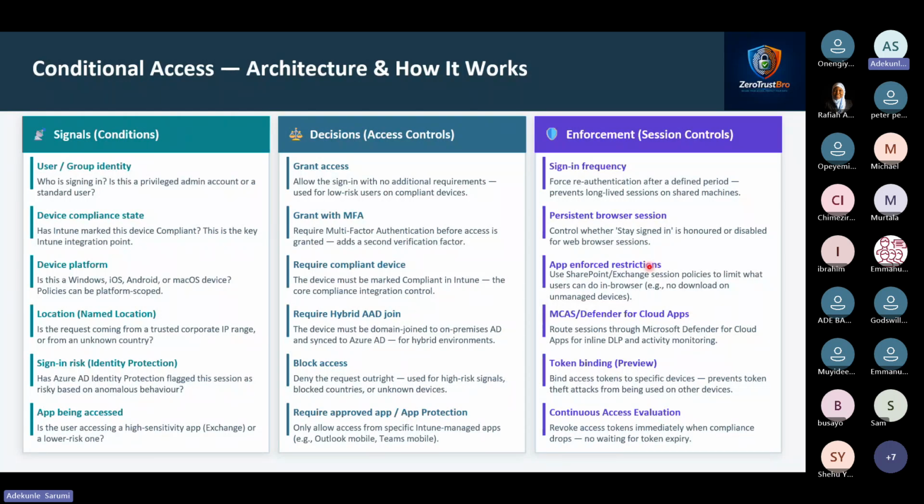So with this kind of enforcement, if it notices that a device that has been compliant, say for the last 6 months, suddenly becomes non-compliant, it doesn't just overlook it. It will block it from that session and require that the device becomes compliant before it can resume the activity as well. So that's for the conditional access policies.